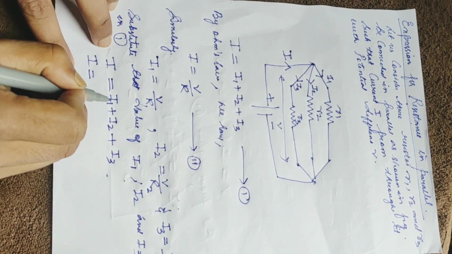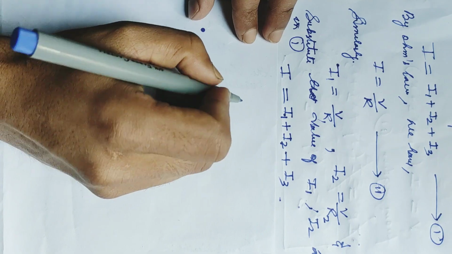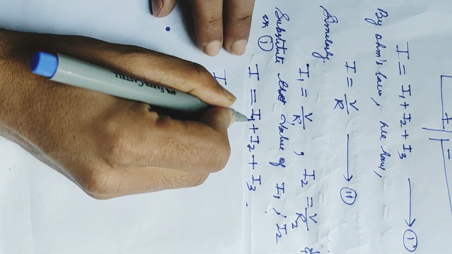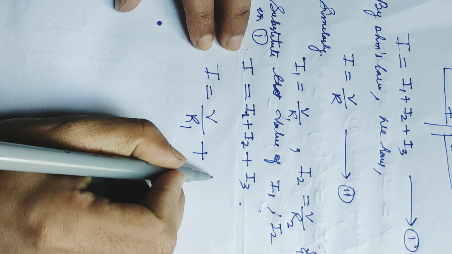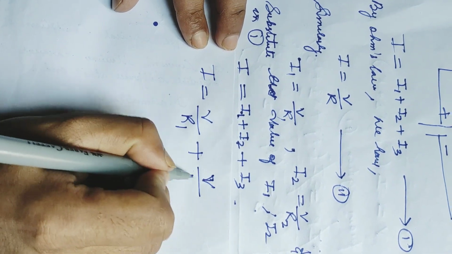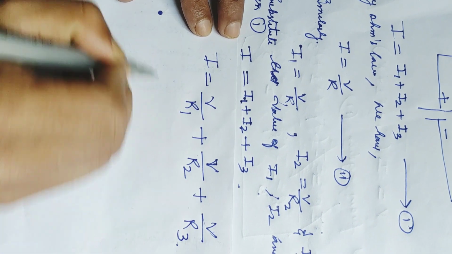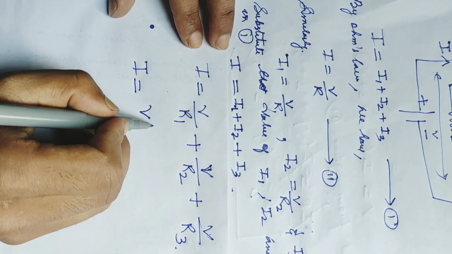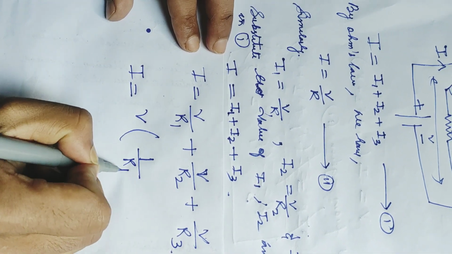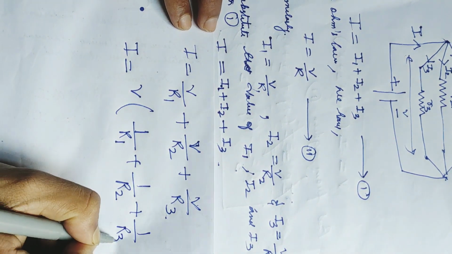What is the value of I1? V by R1. Plus what is the value of I2? V by R2. What is the value of I3? V by R3. Again I is equal to, what can you take common here? V is common. So V times 1 by R1 plus 1 by R2 plus 1 by R3.